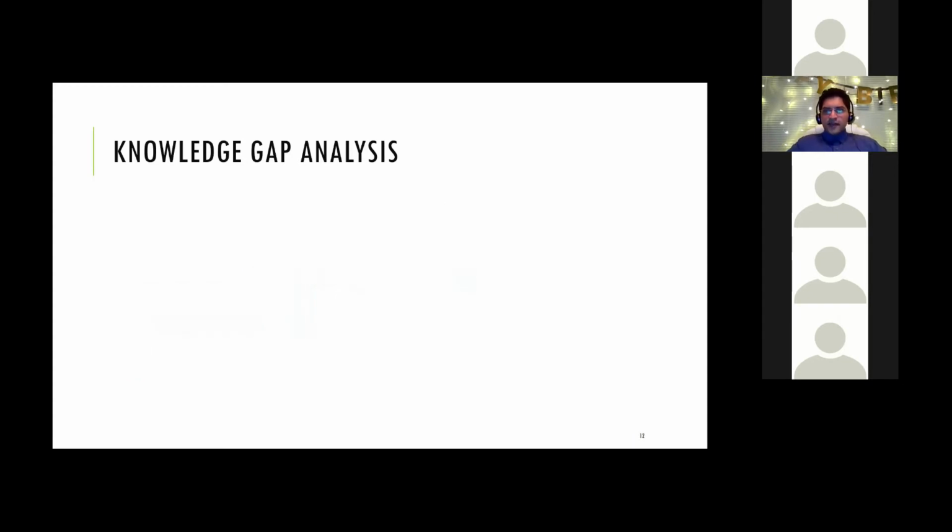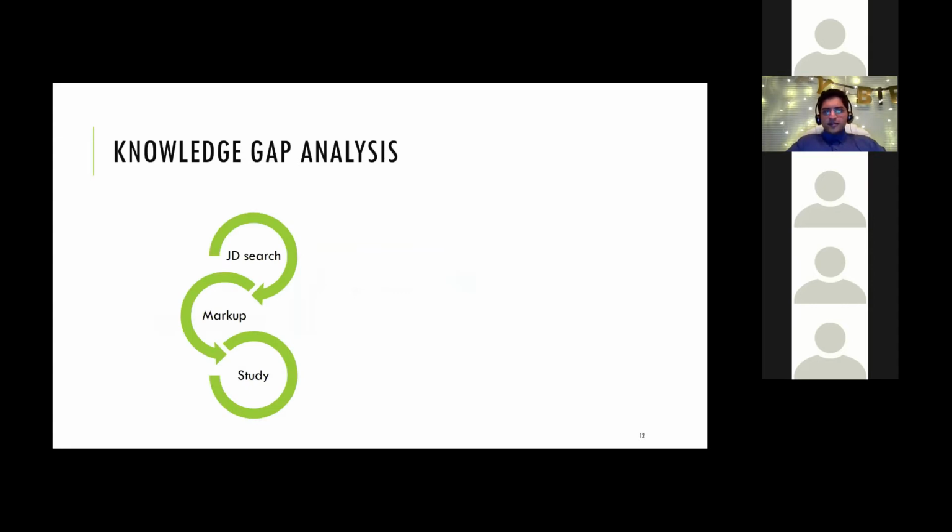So the knowledge gap analysis really has three steps. The first step is to look at job descriptions for the type of medical writing role that we really want to get into. I know that it's just a simple word.